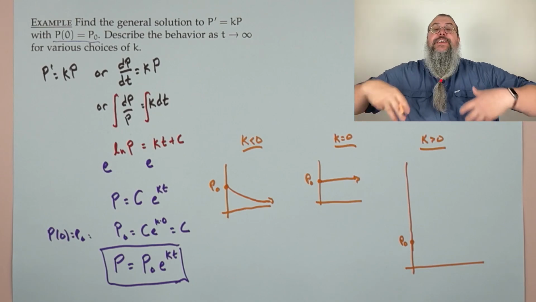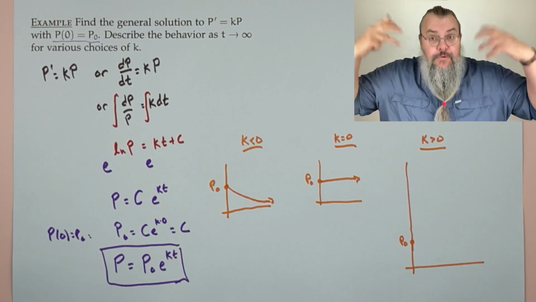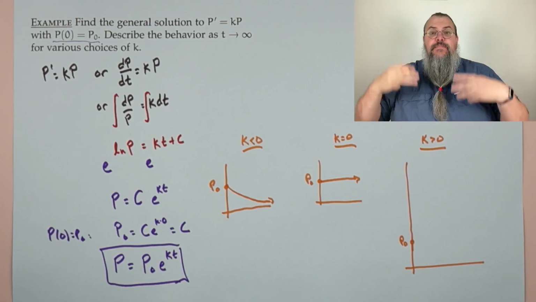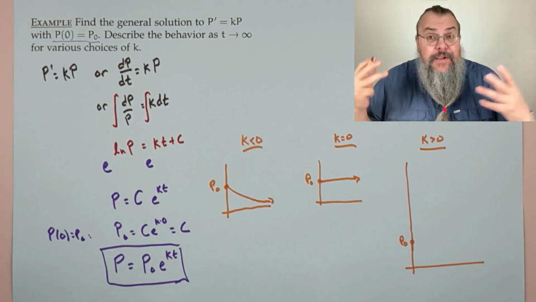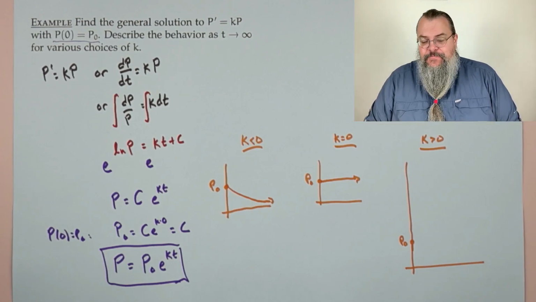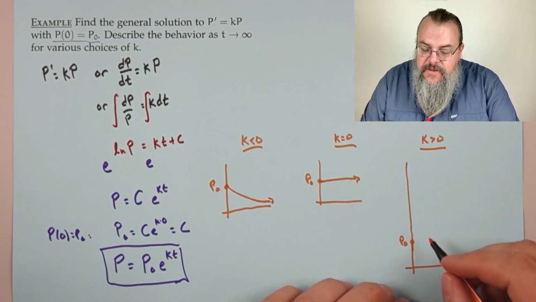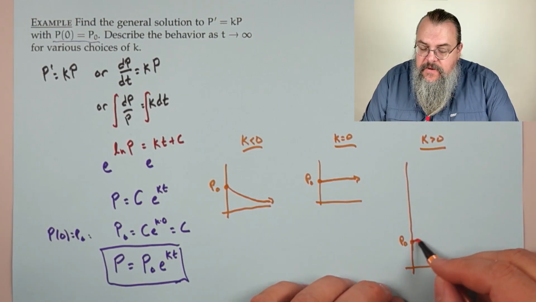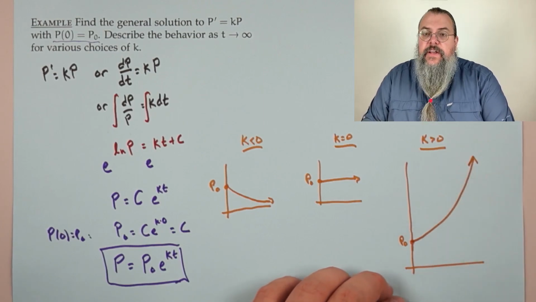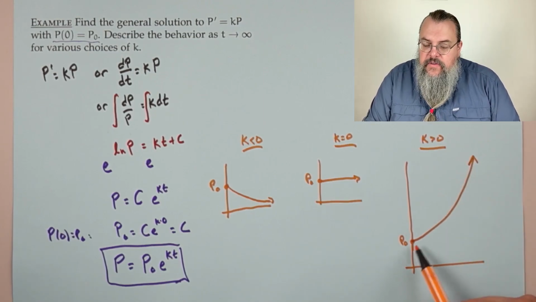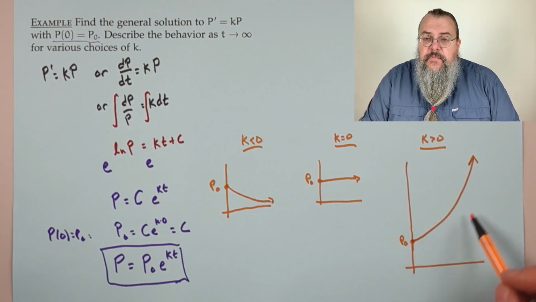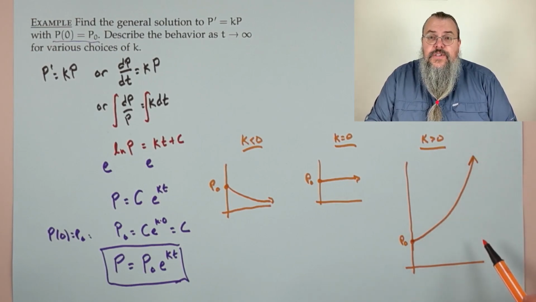The answer is the exponential function gets bigger and bigger, really big. It's blowing up exponentially, you might say. And so what's going to happen here is we're going to have a very quick rise. Initially, it might not be that big, but very soon it's going huge.